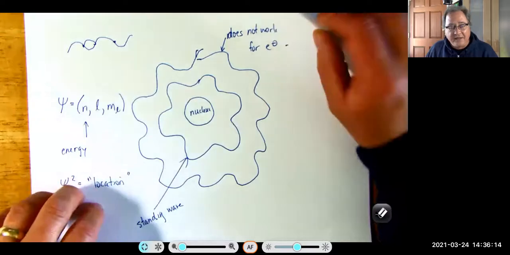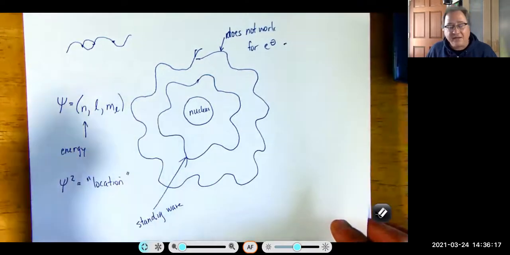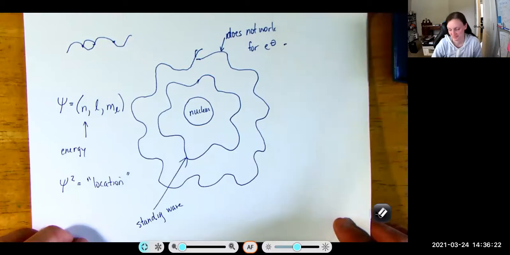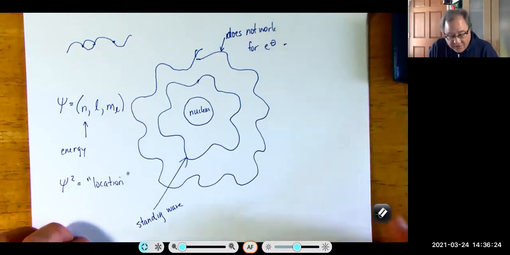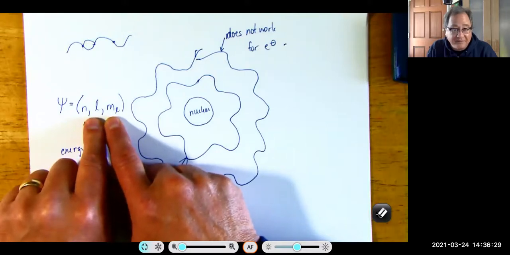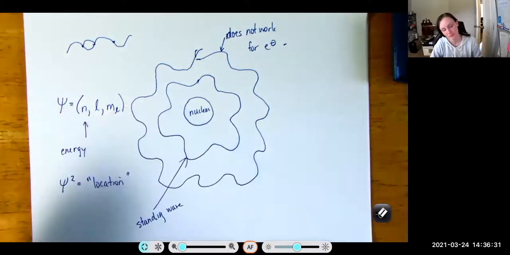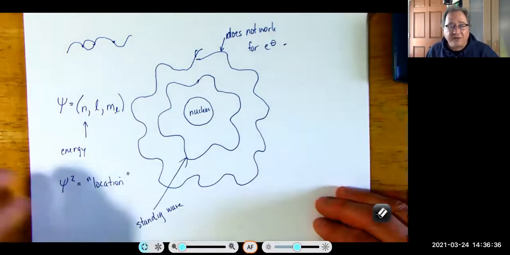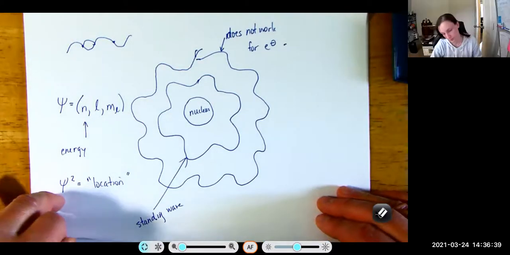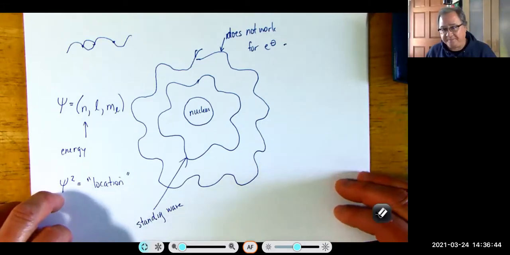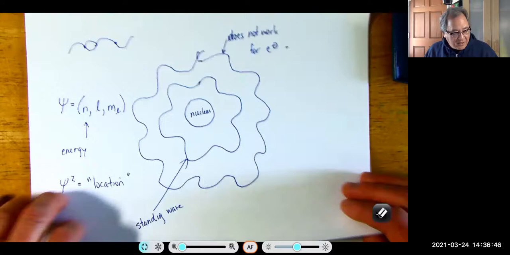But the conceptual stuff I like, the calculations I don't. We're not doing any calculations. We're just memorizing what are the allowed values of this for a standing wave, and for those values, what does it tell us about where you're going to find the electron? A very minuscule part of quantum mechanics. So that's what the rest of the chapter is about.